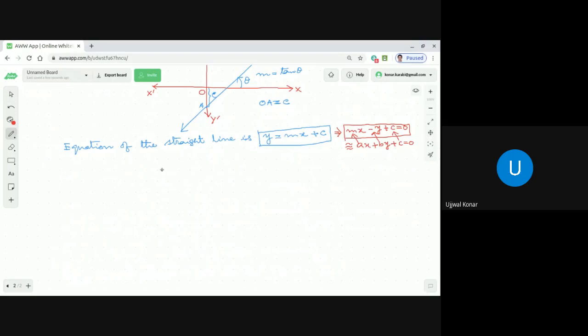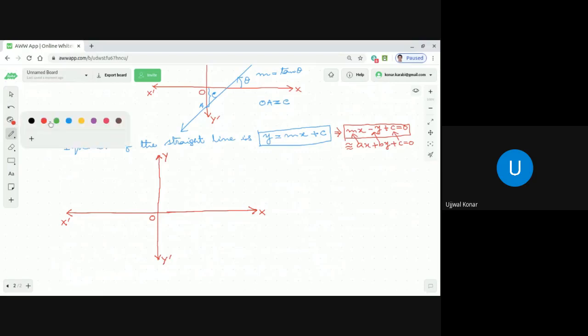So let me first construct the coordinate axes. This is x dash, O, x, then y, O, y dash, and suppose there is a straight line.